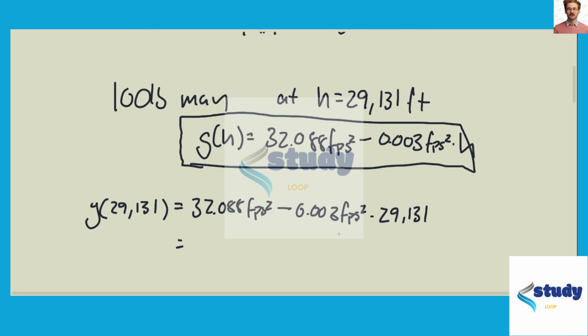Right, it's per 1,000 feet, so this is actually 29.131 in terms of 1,000 feet. Just recall that.